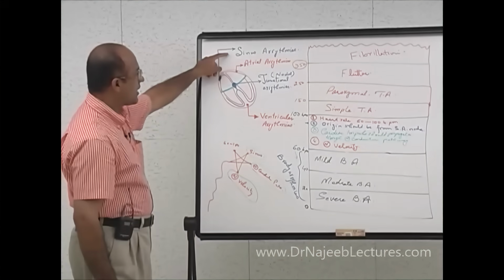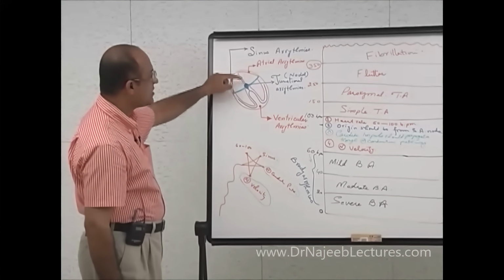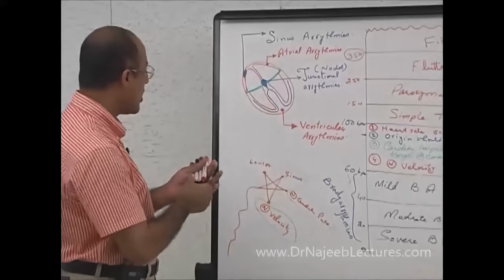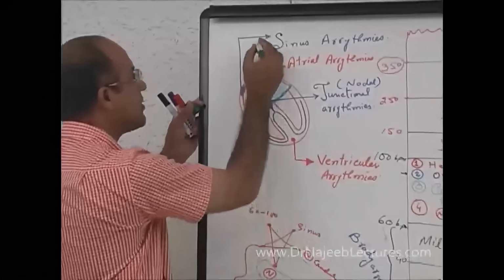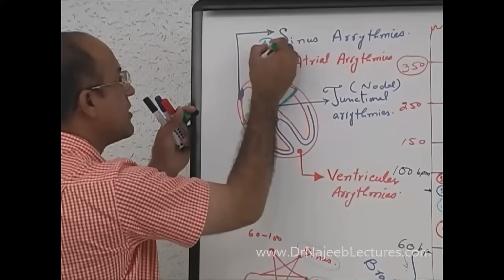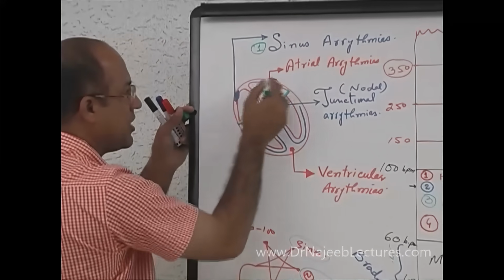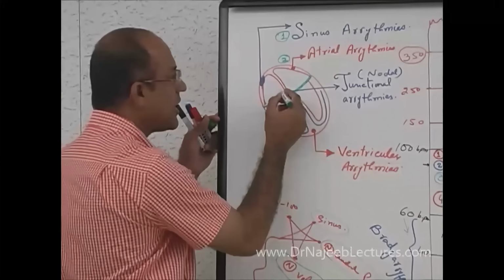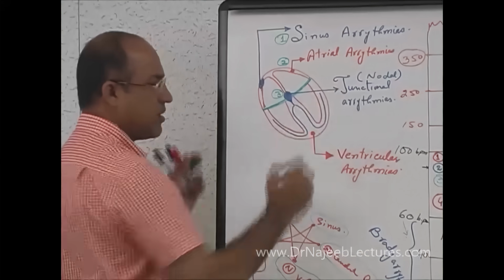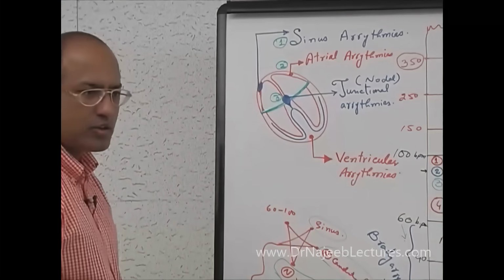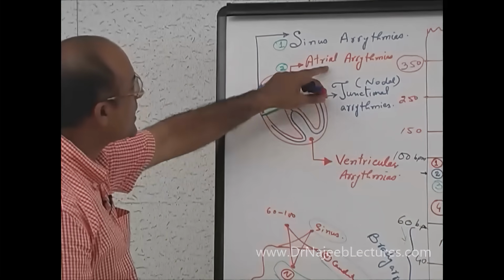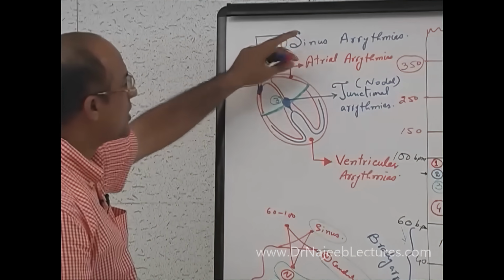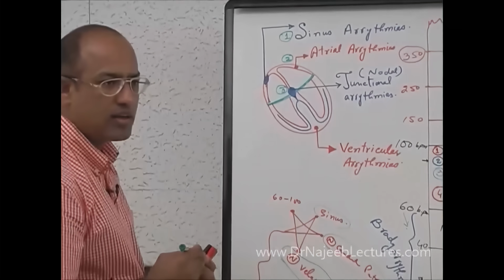And sinus arrhythmias, atrial arrhythmias, and junctional arrhythmias, all of them originate above the ventricular tissue. Again, sinus arrhythmias from the SA node, atrial arrhythmias from atrial tissue, junctional arrhythmias from AV nodal tissue, right? These three arrhythmias take origin above the ventricular area.